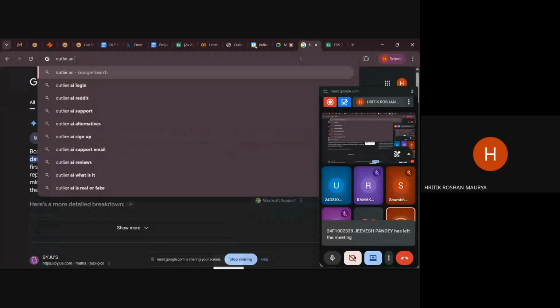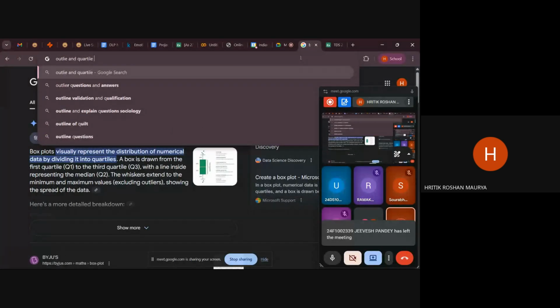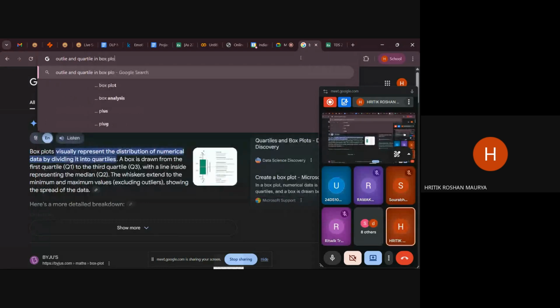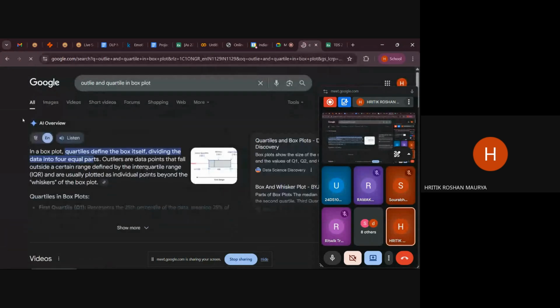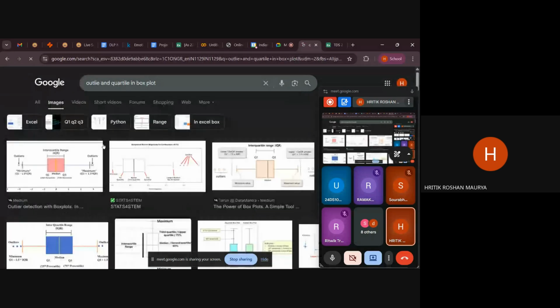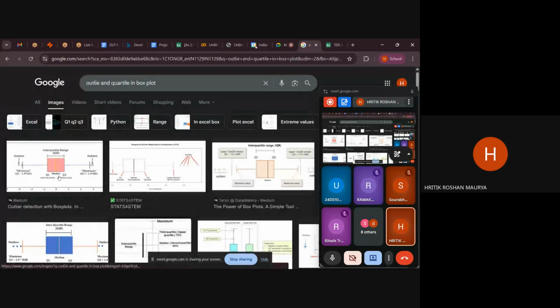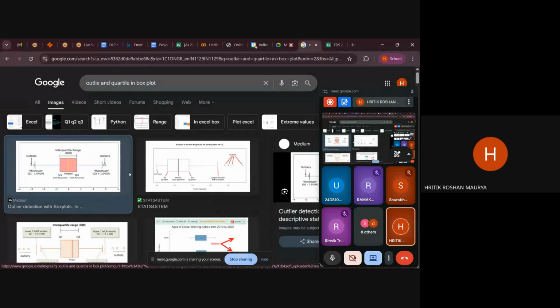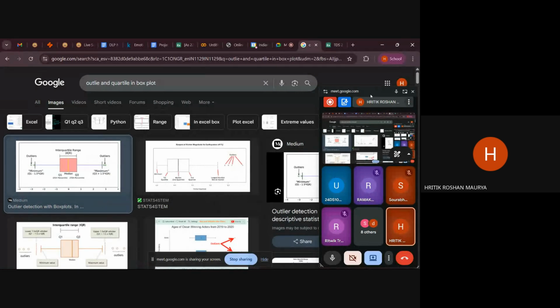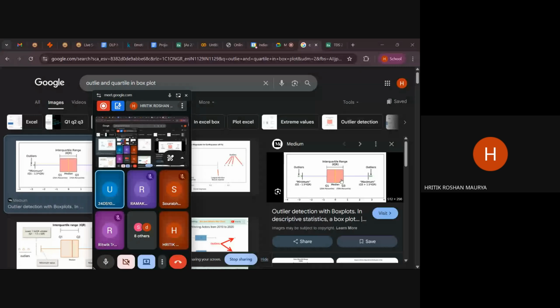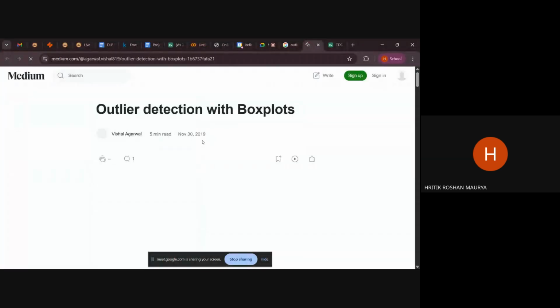Outlier and quartile in box plot. Yeah, this one is a good image where everything is present.